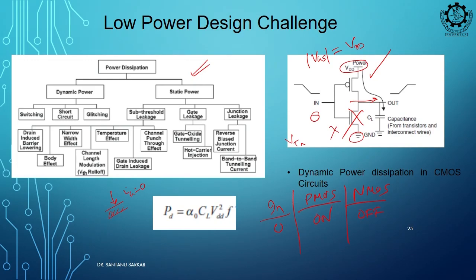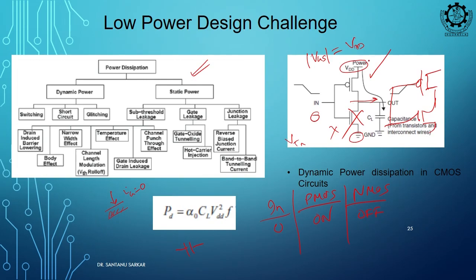This cap is not there physically. What is there? There is another same circuit, right. An inverter may be driving another inverter or another logic, but what will it see? It will see another capacitance. What capacitance? Oxide capacitance, right. If I am driving another MOS, what am I actually seeing? I am seeing a cap. No current flows, gate current is 0, through the cap also static current is 0.